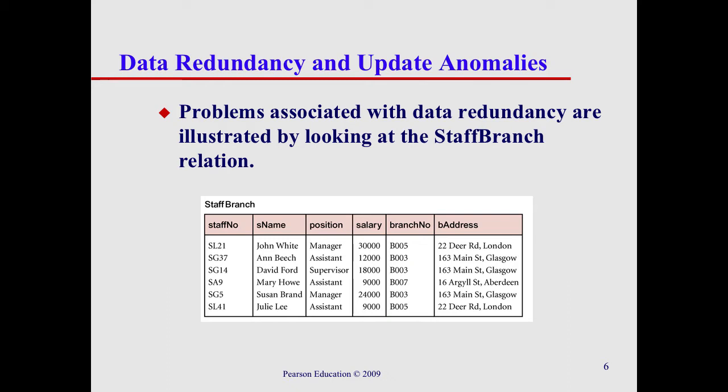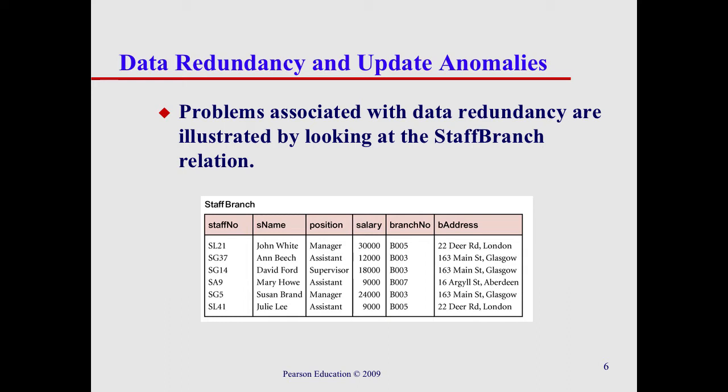And so the staff branch relation is really like a directory. For each staff member, it's showing information about that staff member, their name, their position, their salary, the branch they work at, the branch address. So your first crack at doing design, maybe even you do this from the ER standpoint, you think, well, it's a directory of staff.